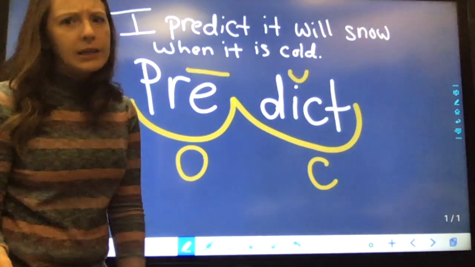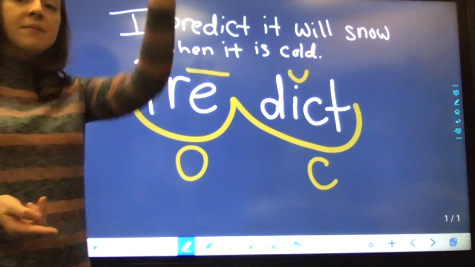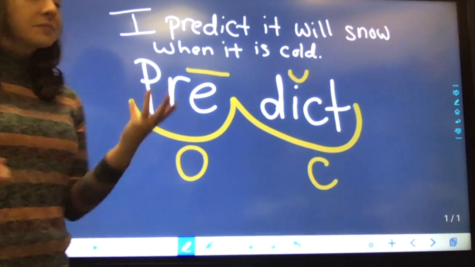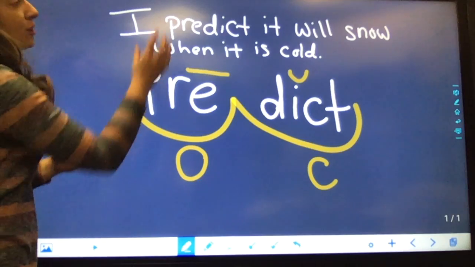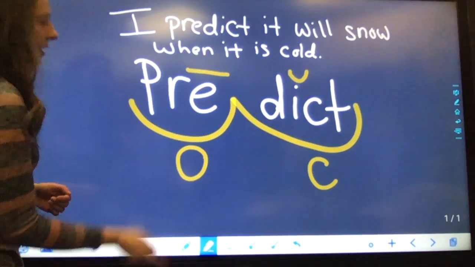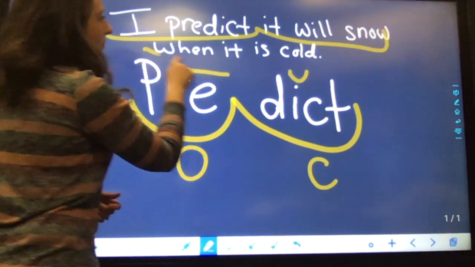I know for sure it can't snow when it's really, really hot out, okay? Because by the time the snow would come down, it would turn to rain or something else because it's so hot. So I'm using a good clue to help me out with my prediction. And then I want to skip. I predict it will snow when it is cold.